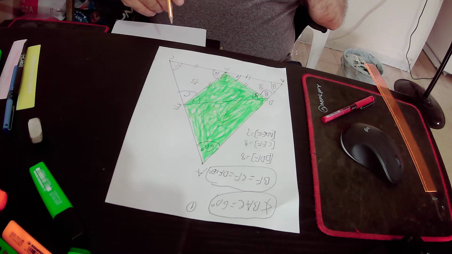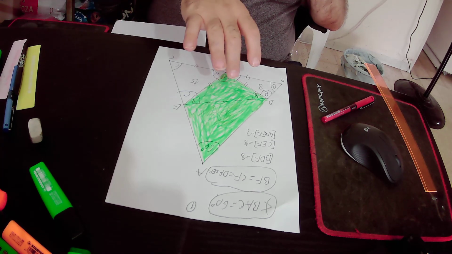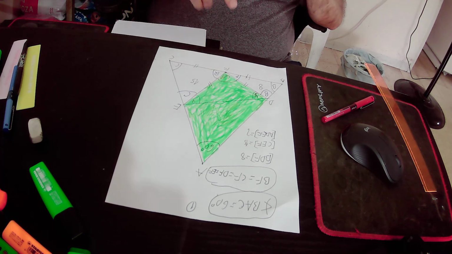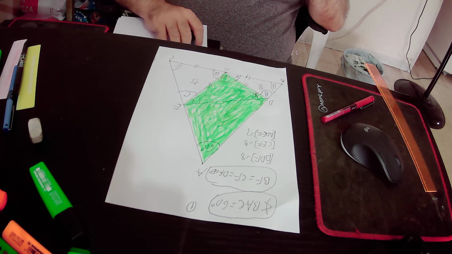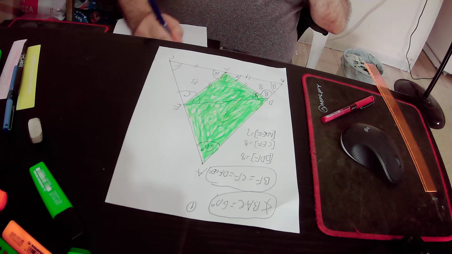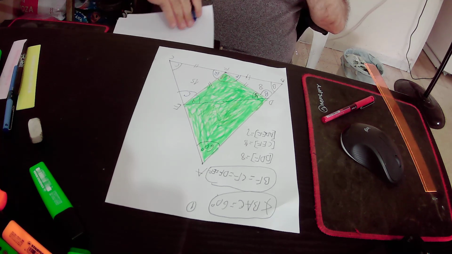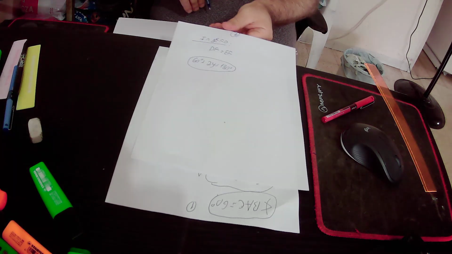Okay, and we also know, according to rule number 1, the sum of the angles in any triangle equals 180 degrees, and especially in triangle DFE, the sum of the angles is equal to 180 degrees.